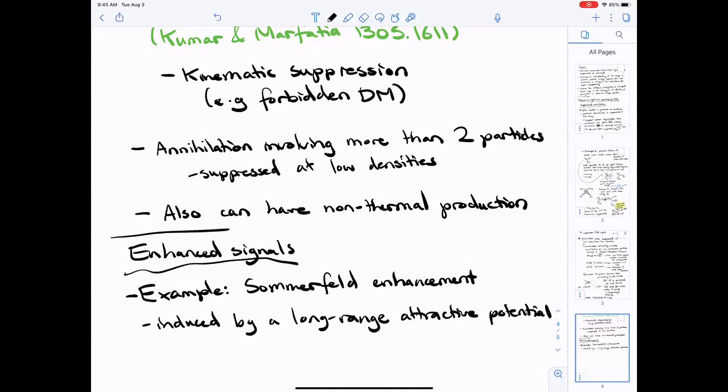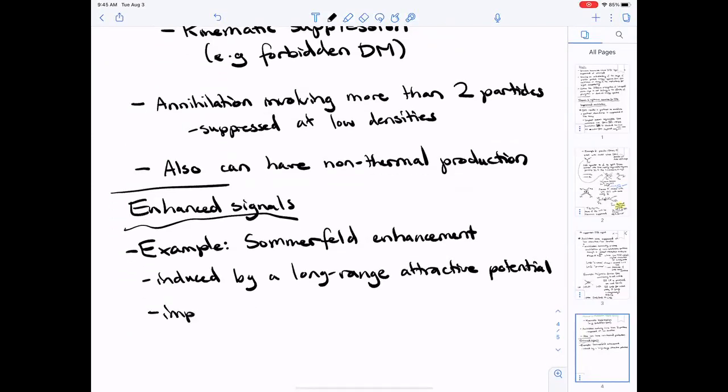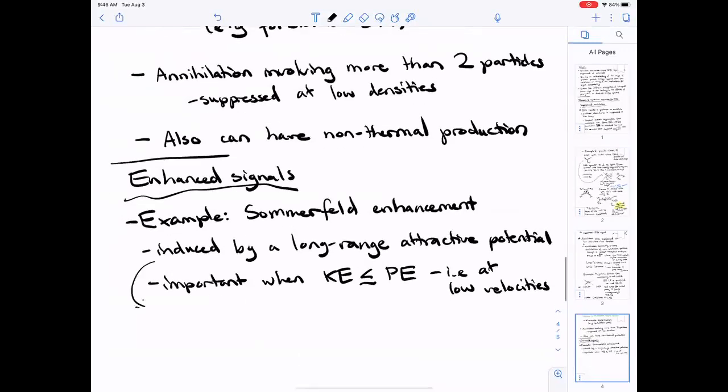But this is a low velocity effect, because in order for it to be important, the kinetic energy of the particles has to be small compared to the potential energy. If the kinetic energy is huge compared to the potential energy, they'll just bypass each other. The same potential can also allow for bound state formation.